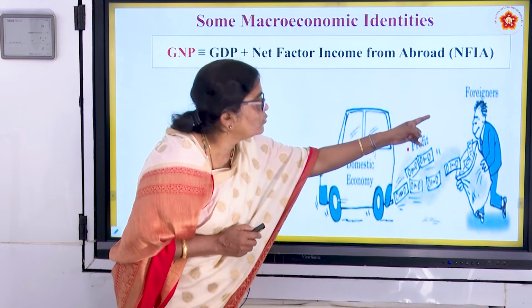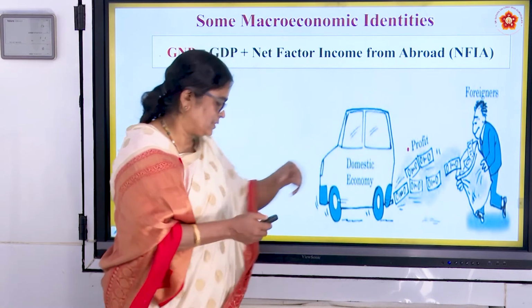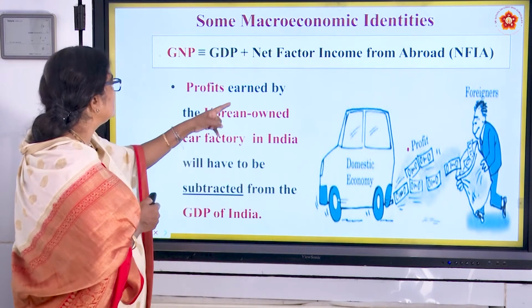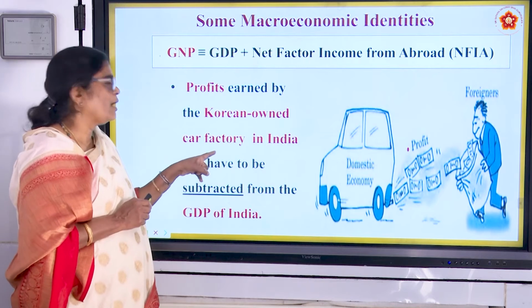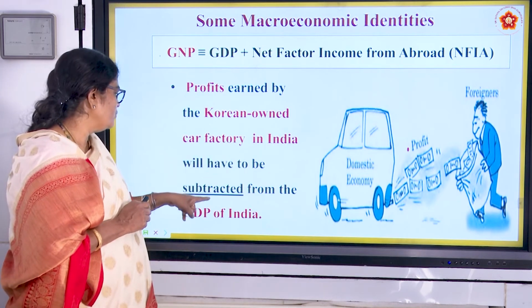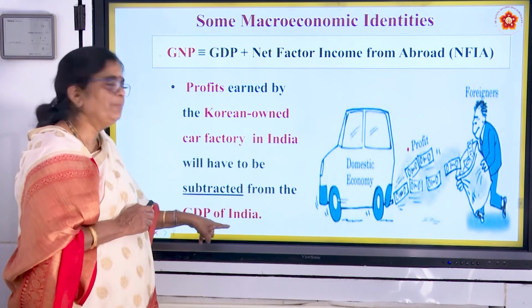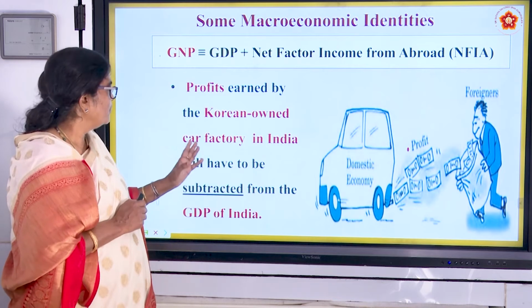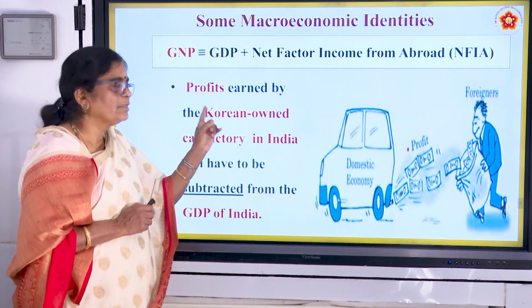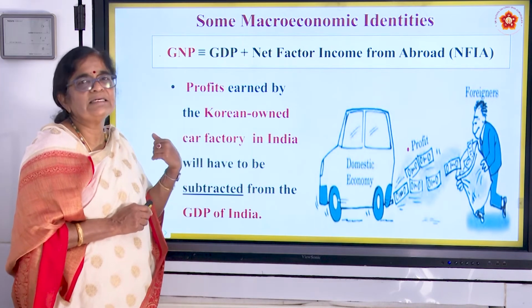The profit will go to their country, the foreigners. And profits earned by a Korean owned car factory in India will have to be subtracted from the GDP of India, because the profit is going to Korea, that country's GDP, not India's GDP.